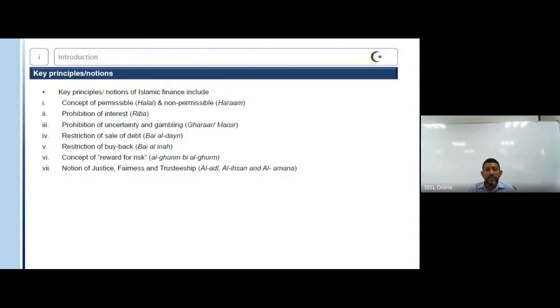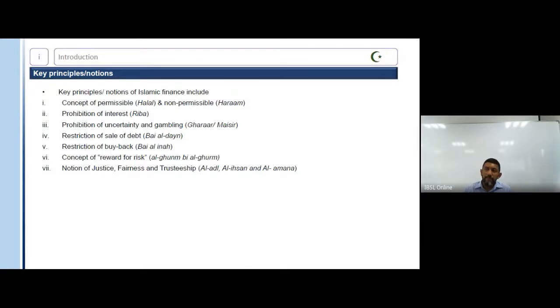These kinds of industries are not acceptable in Sharia. Other than that, every other activity, such as agriculture, manufacturing, and a large majority of services, is acceptable from the Sharia side. So the concept of permissible and non-permissible is like a value system.